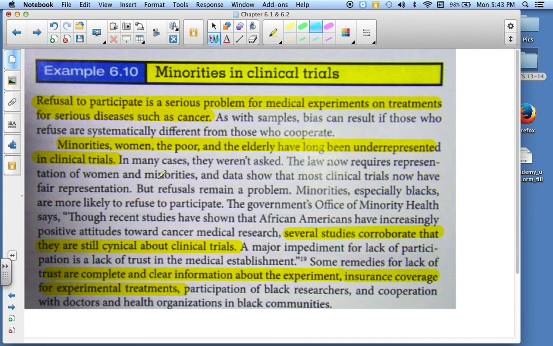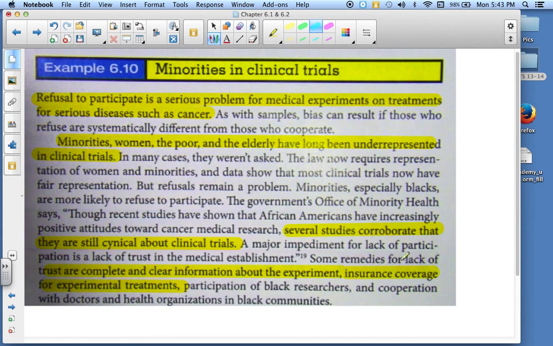Some remedies for lack of trust start right here: complete and clear information about the experiment. If you're upfront and honest about the experiment, then these groups might be more willing to participate.